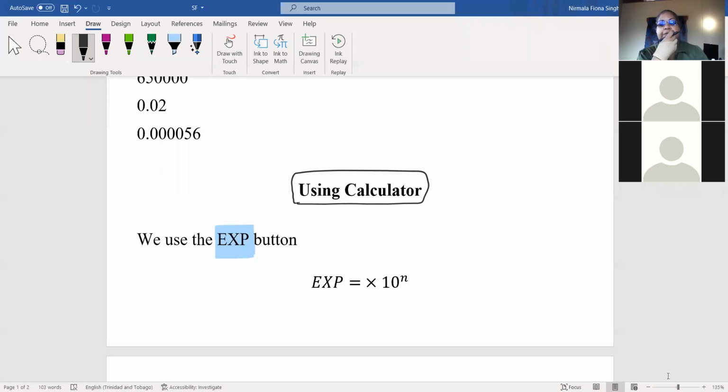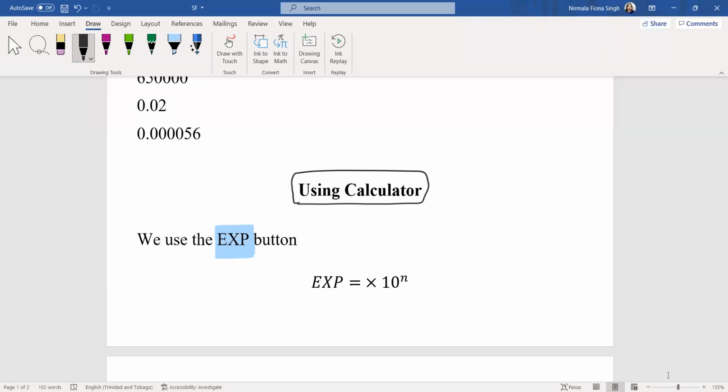Can everybody identify their EXP button? Yes, miss. Very good. Don't sit there and be quiet, because if you don't identify it, I won't know that you have a problem. So you have to learn to tell me.